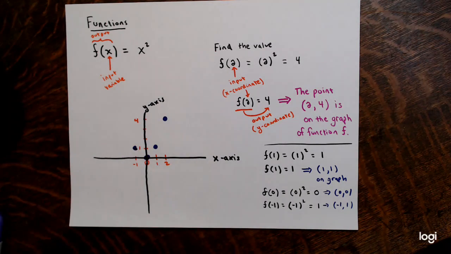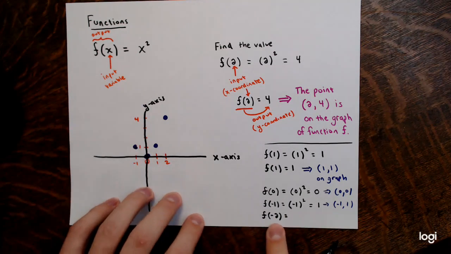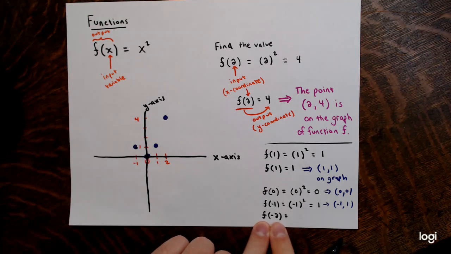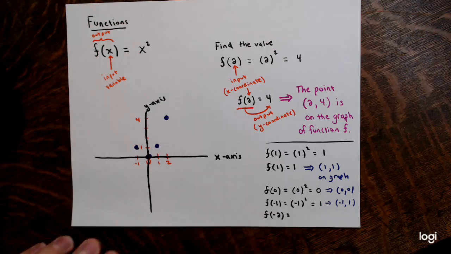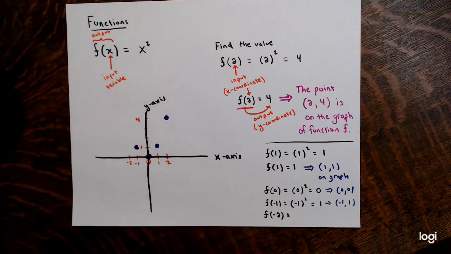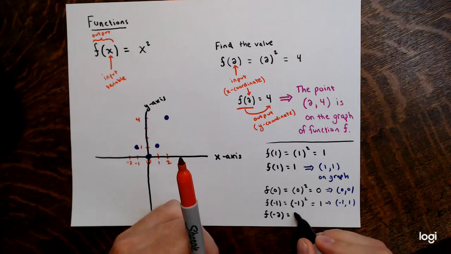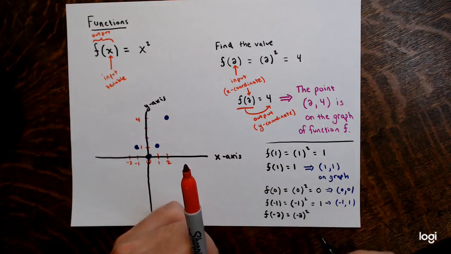All right, and I'll do one more. What's the value of this function at -2? All right, so the number in parentheses is the input, the x-coordinate. So I'm at -2, and then I plug that into the rule, right? It's x squared. Take the input and square it. It's -2 squared.